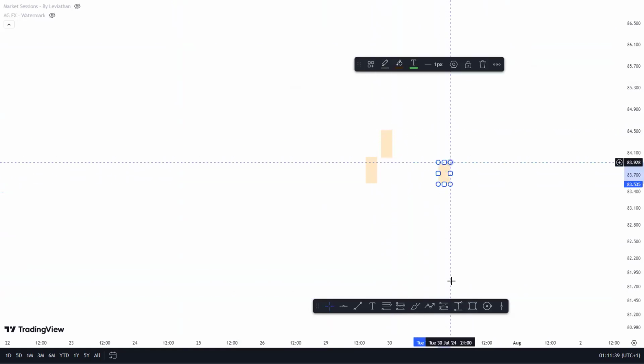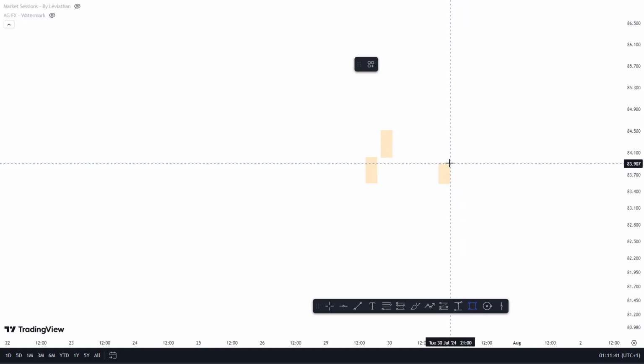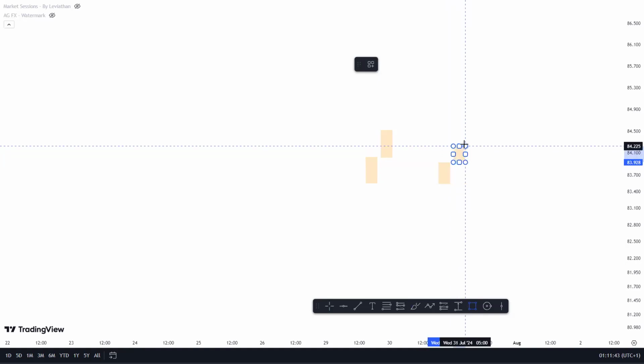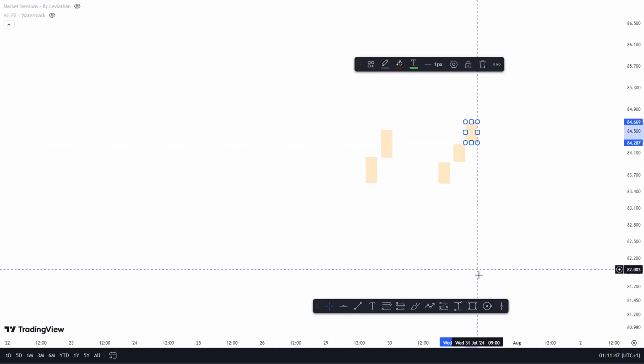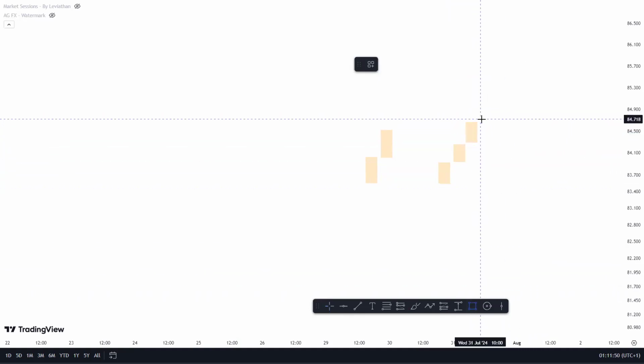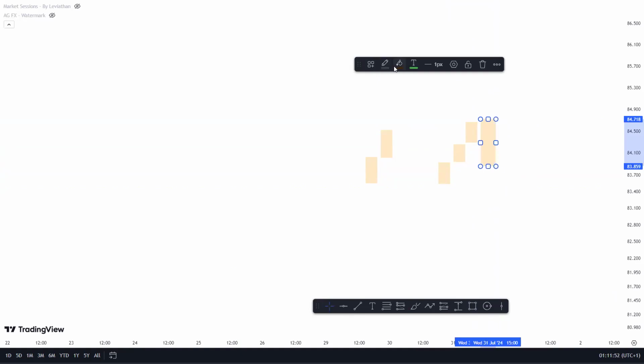Now this is for a sell scenario, of course. You have two or three bullish candles. That is what you're looking for in your entries: three bullish candles and one engulfing candle. You change the color to make it different.